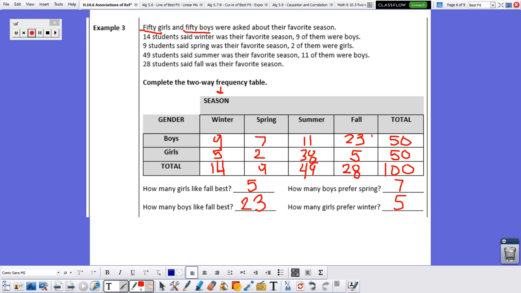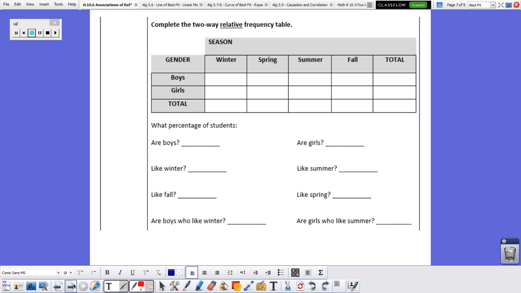All right, let's try another relative frequency table. You're going to need to know your two-way table too, so hopefully you have those on the same page, or you can flip back and forth. Just like our last two-way table, we're going to divide every column in our two-way table by the total, which in this case was 100.